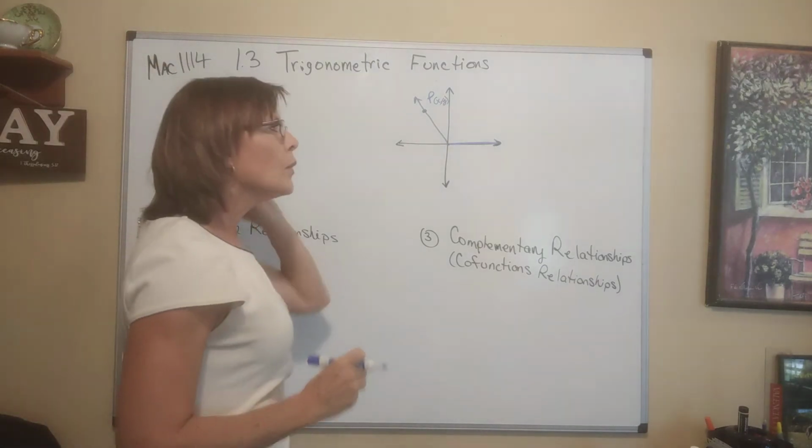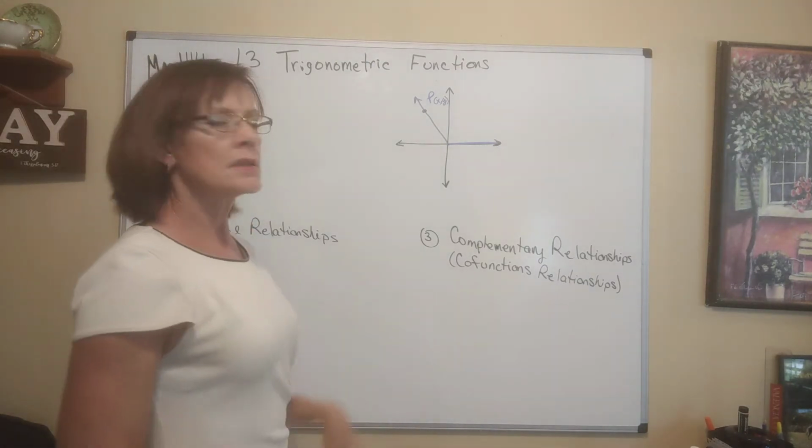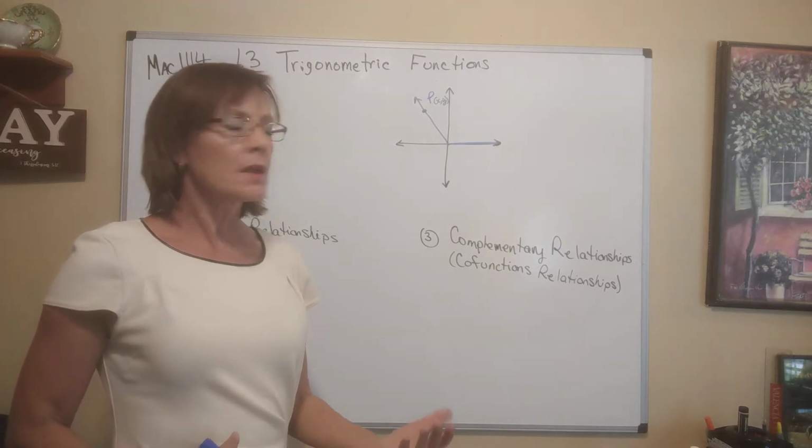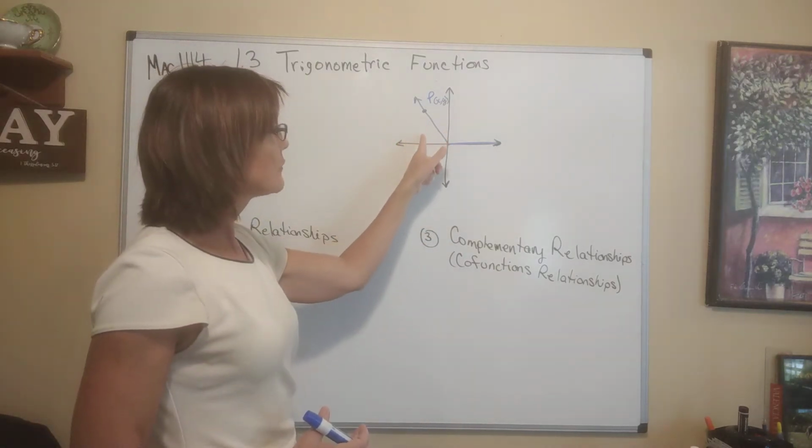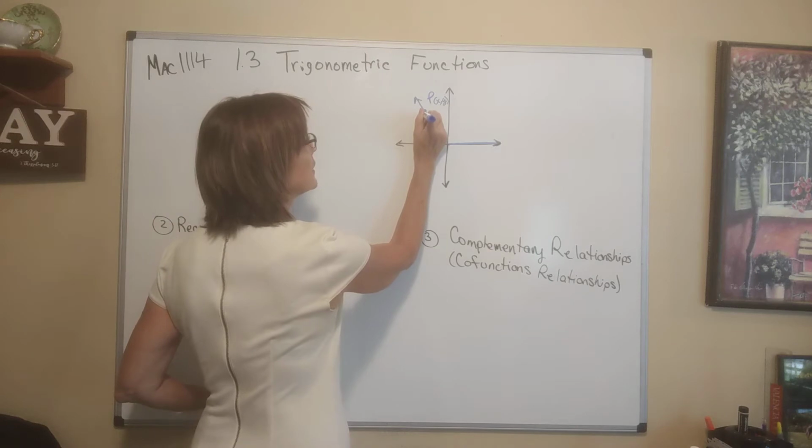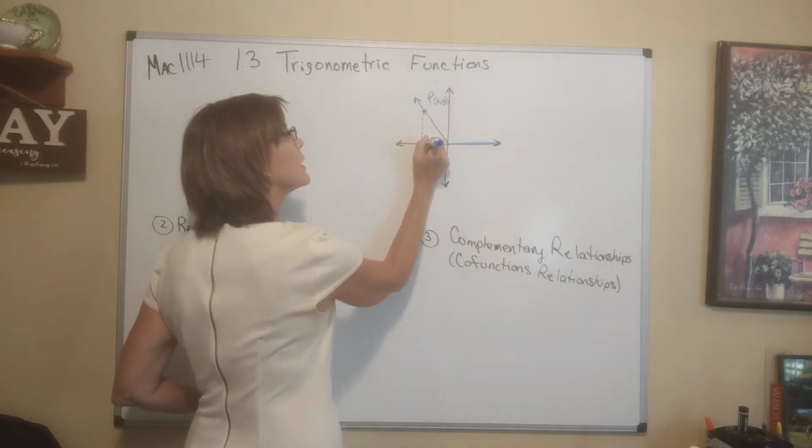What we can do is, from this point, we can draw a vertical down right here. That makes a right angle right here.